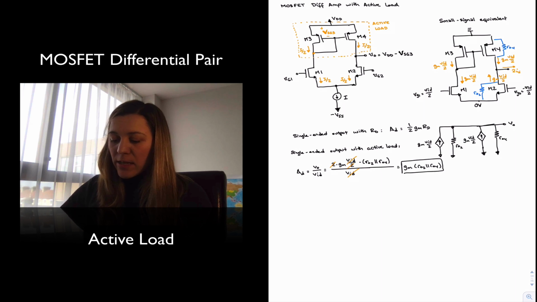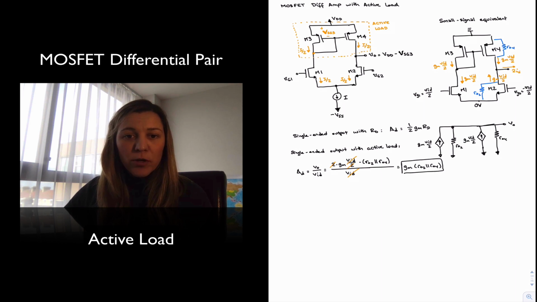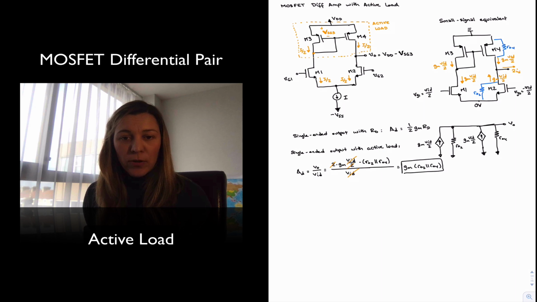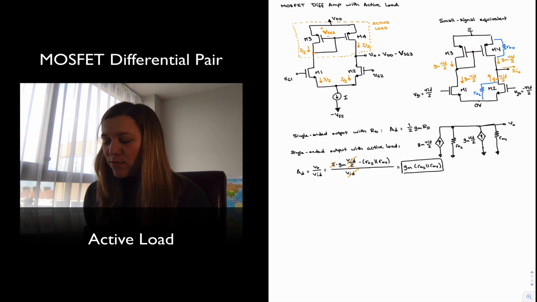In this case, RD has been replaced with transistor M4, and therefore the output resistance there is little RO4. And so the result that I'm getting for the single-ended output is, I've gotten rid of that 1/2 term. It's not 1/2 of GM times the output resistance, but rather GM times the output resistance. And that's because of the effect of the current source.